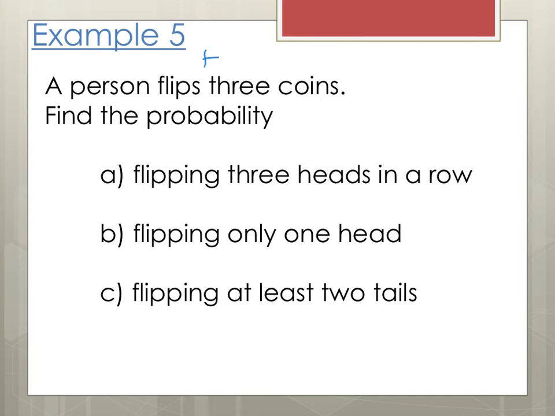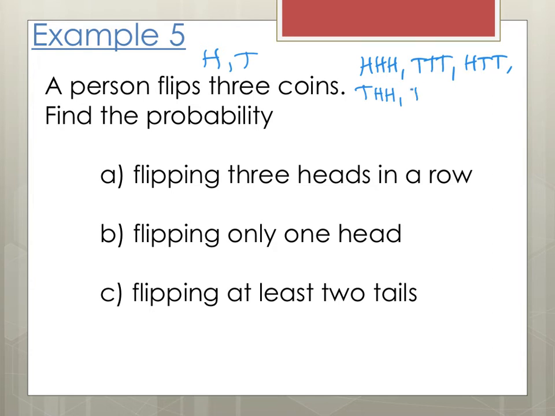Our options are either heads or tails for flipping a coin. So if you're flipping 3 coins, one option would be all of them could be heads, or all of them could be tails, right? The first one could be heads, and the second 2 could be tails. The first one could be tails, and the second 2 could be heads, so that's another option.